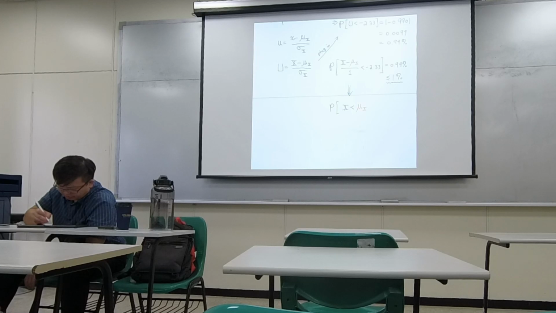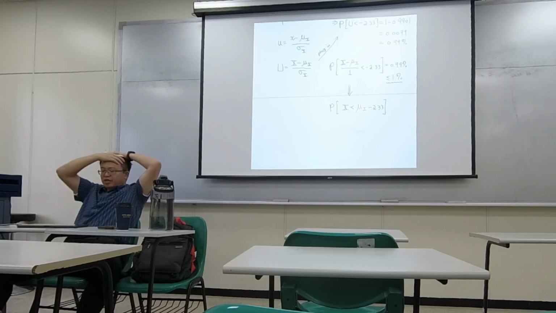Mu X minus 2.33. Is this the right way to get it?